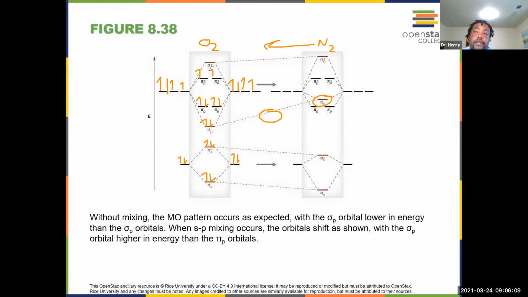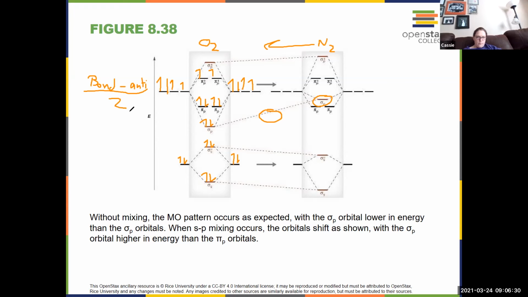Okay. So in this case, if we go bonding minus antibonding, divided by 2. How many bonding do I have? 2, 4, 6, 8. I have 8 bonding, because these are antibonding. Oh, there's an asterisk on it.